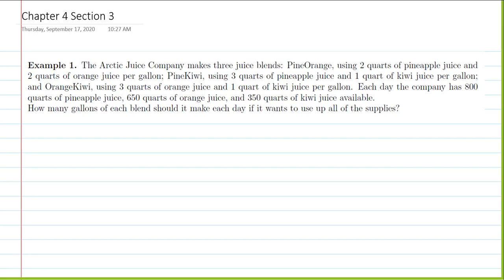All right, so the first thing we want to do is identify some variables, right? So we need to figure out what is it we're trying to find. That is always the first step in any application problem. So we want to know how many gallons of each blend should it make.